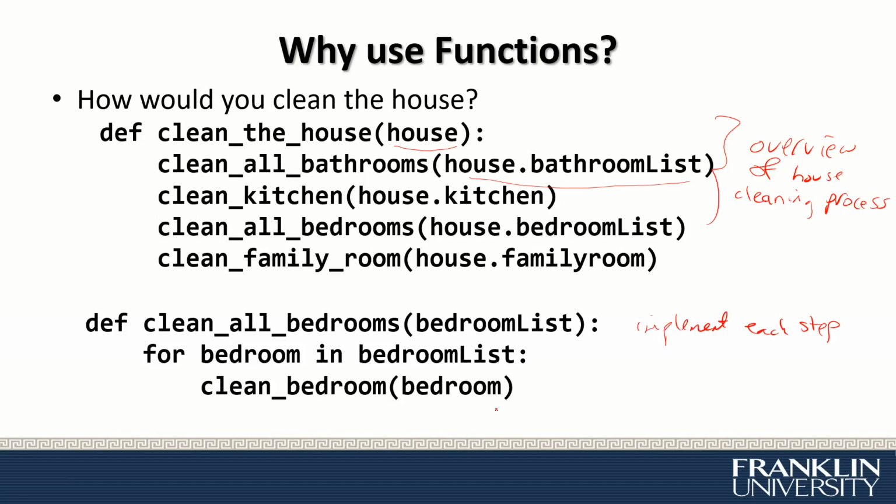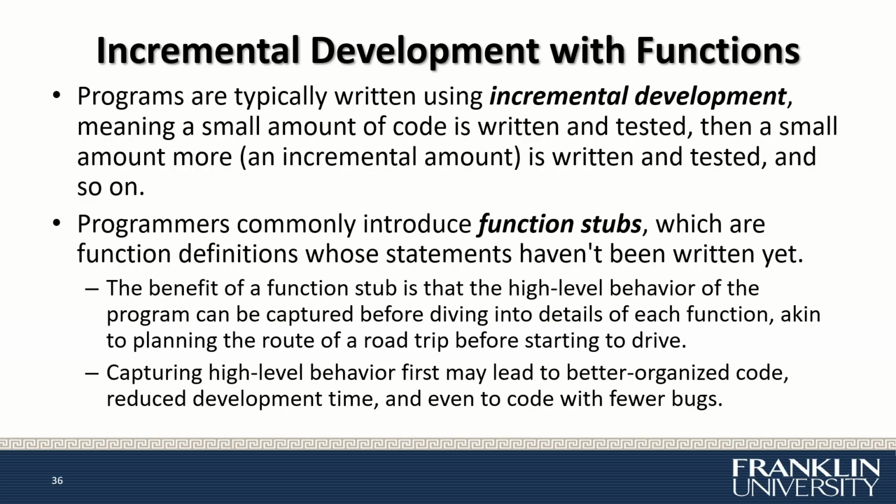You can see the behavior of the program without diving into the details of the functions yet. And capturing high-level behavior first may lead to better organized code, reduce development time, and even code with fewer bugs.